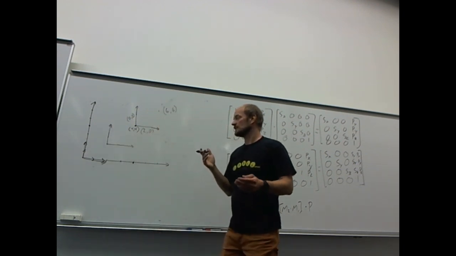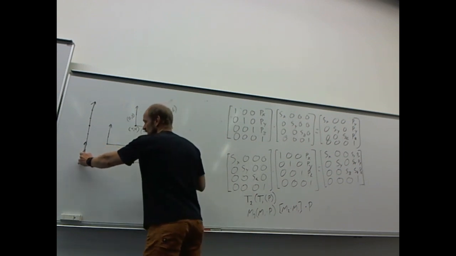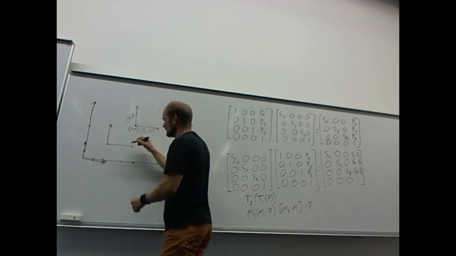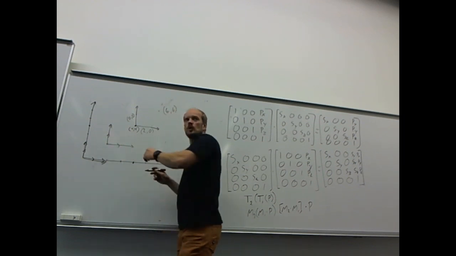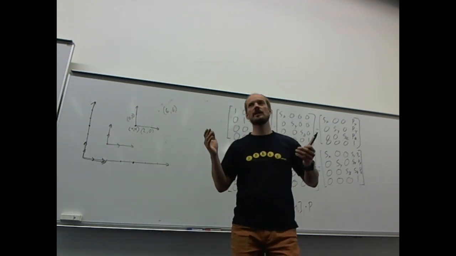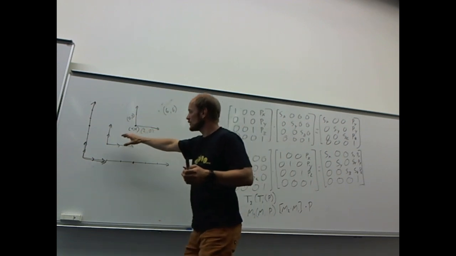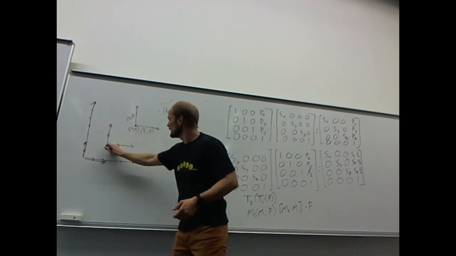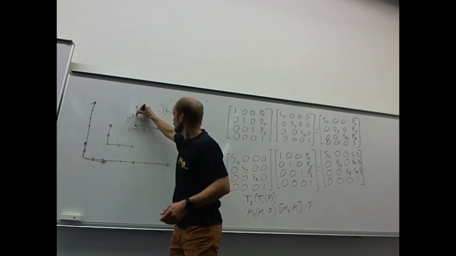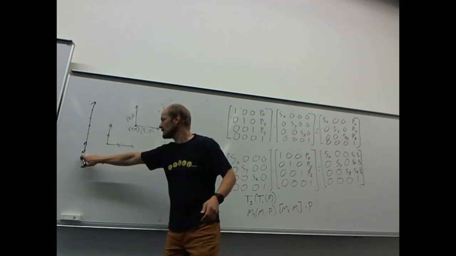If, however, I translate first to here, which gives me this coordinate frame, then I scale this coordinate frame. Classic linear algebra would say you're scaling it from the global coordinate system, meaning you end up growing the entire image from here rather than from here.